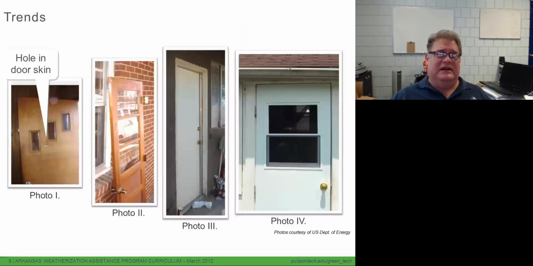But the overall pattern we're seeing is we're not paying enough attention to the dryer venting when we're pushing the dryer back into place. And then a trend is when we have an overall trend of disrespecting property by a crew or a contractor. And here we're seeing a hole in the door skin that was not there when the auditor came out, nor was it there when the crews arrived. In photo 2, we see a door that was abandoned.